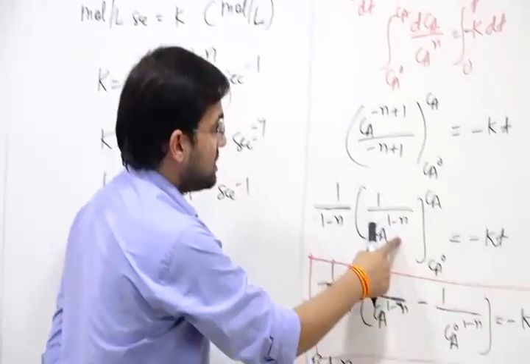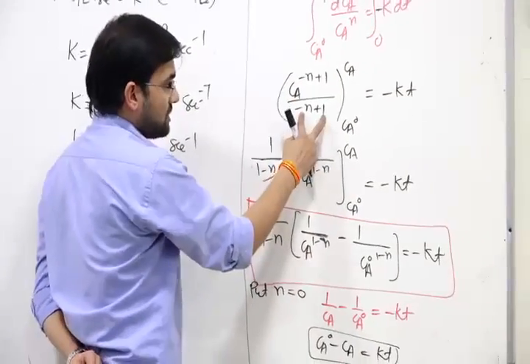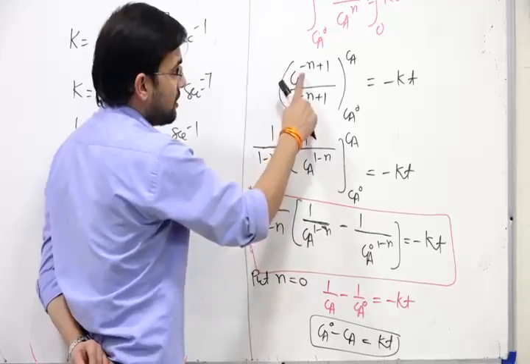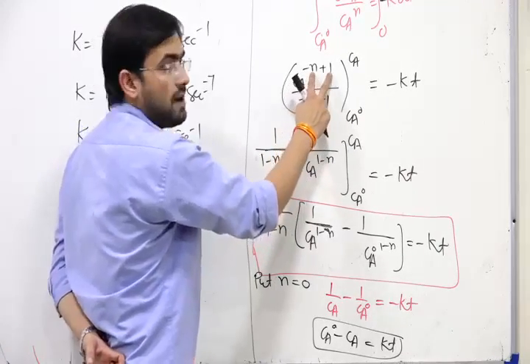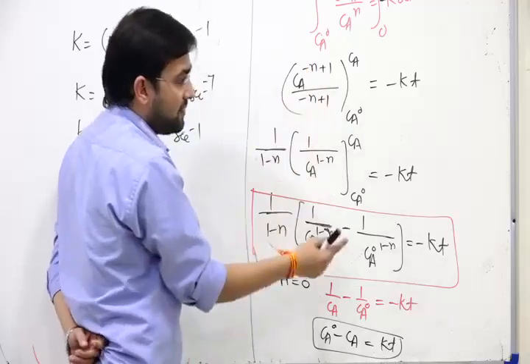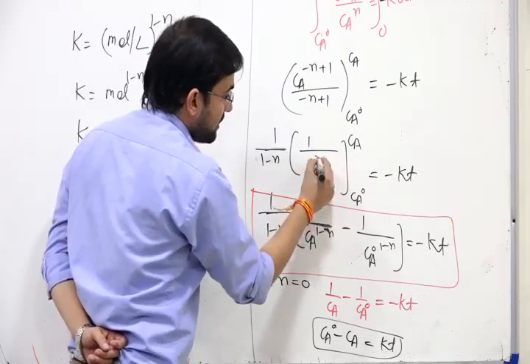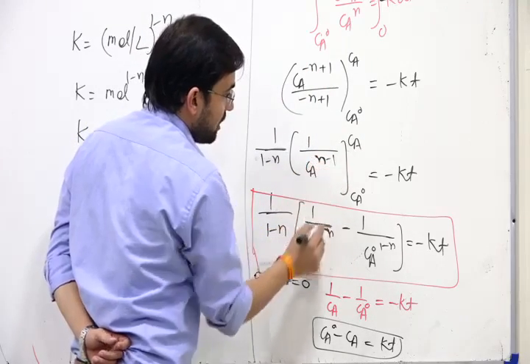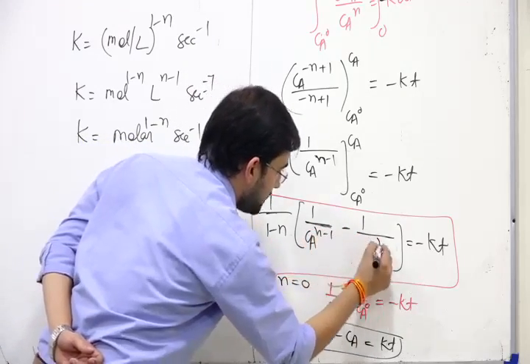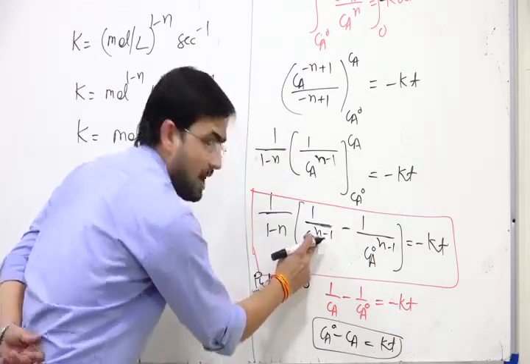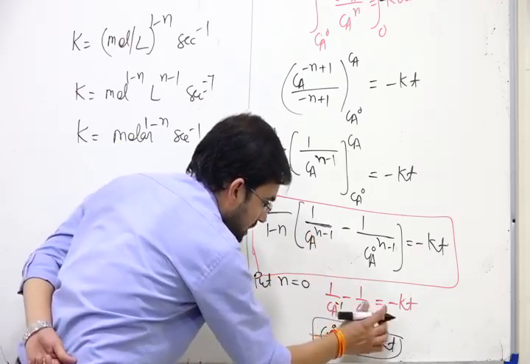Okay, there is one correction here. This is 1 minus n goes outside, but when you make Ca power in the denominator, right now it is 1 minus n, but when you keep it in the denominator, it will become n minus 1. So here you will get on both sides n minus 1. Then n is 0, here you will get power 1.